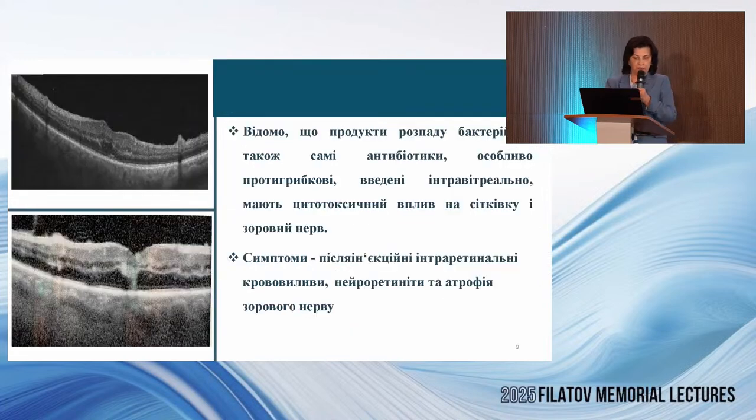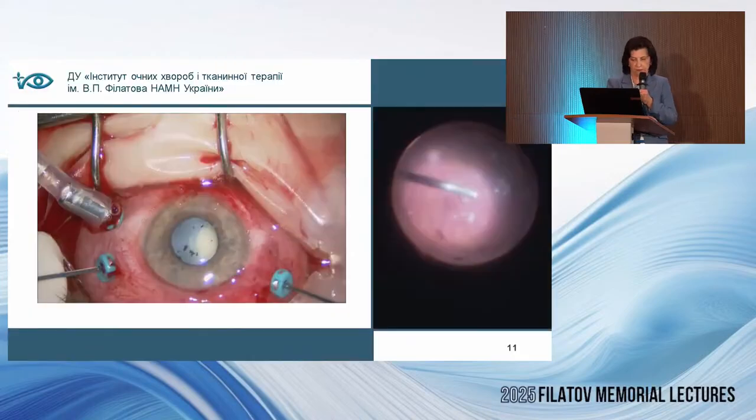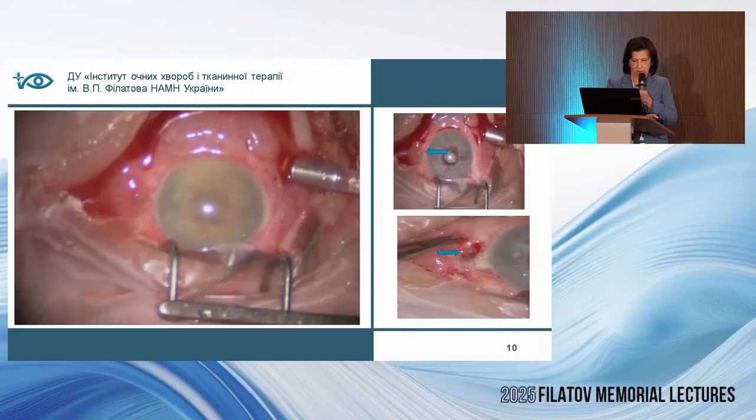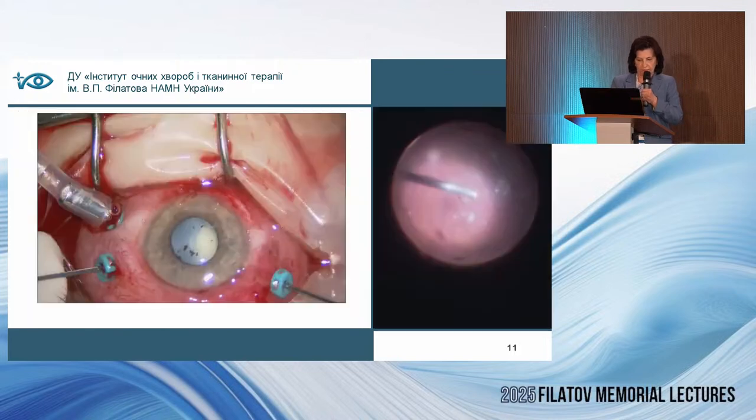It is known that the bacterial degradation products and the antibiotics themselves have a toxic influence on the retina and optic nerve. The symptoms are hemorrhages, neuroretinitis, and atrophy of the optic nerve. These are the examples of treatment.